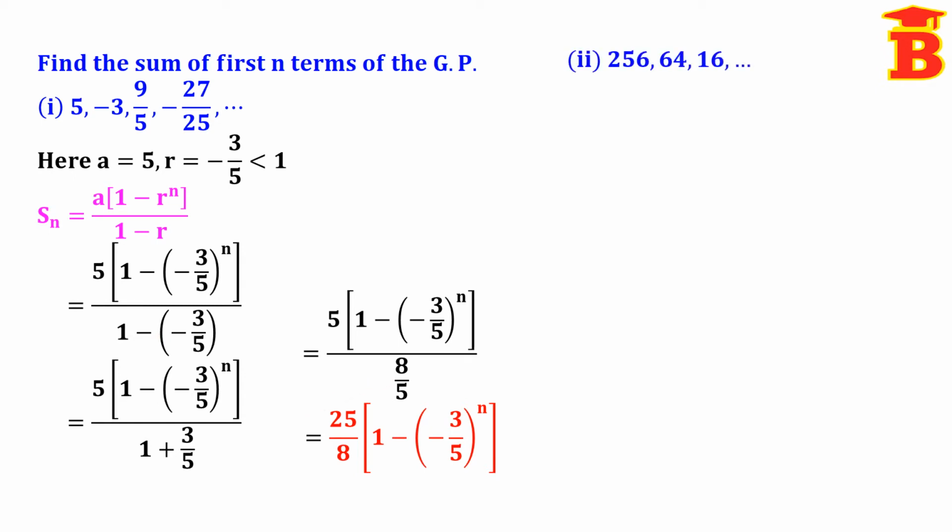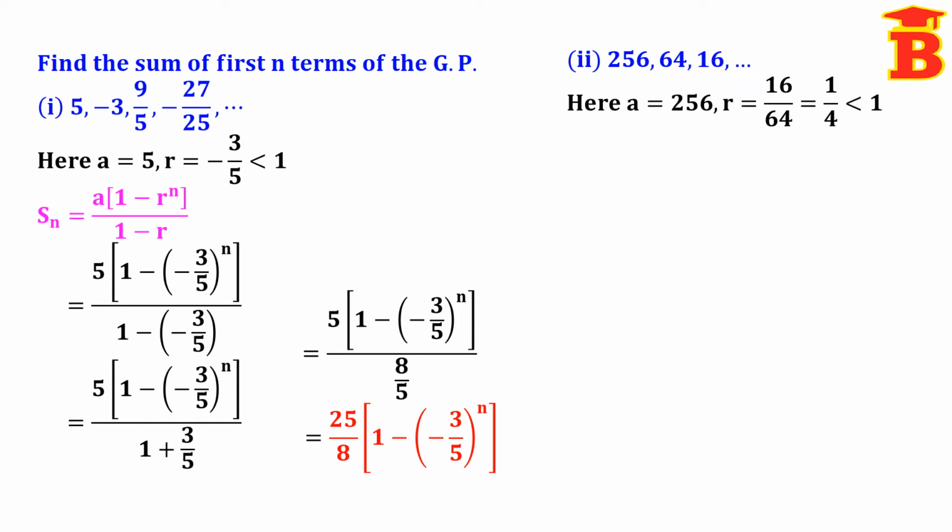Similarly, second subdivision: 256, 64, 16, etc. Here the first term a equal to 256. And for this ratio r, we can take second term divided by first term, and also we can take third term divided by second term.